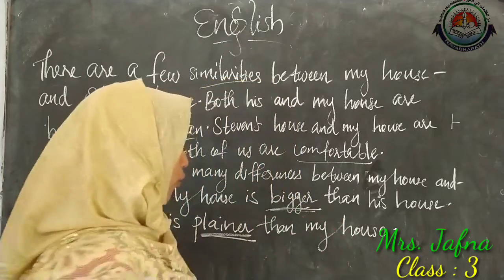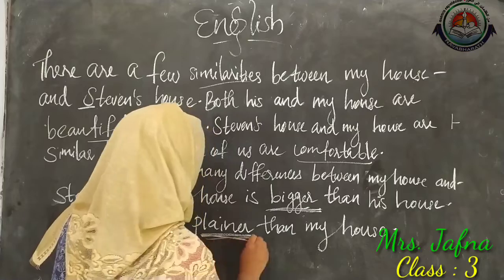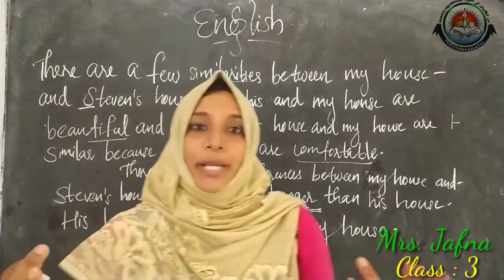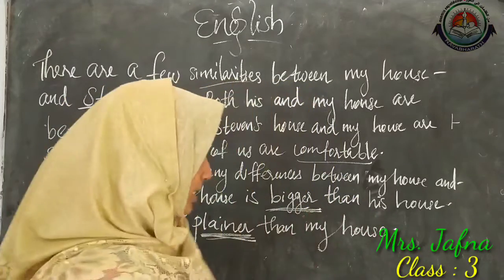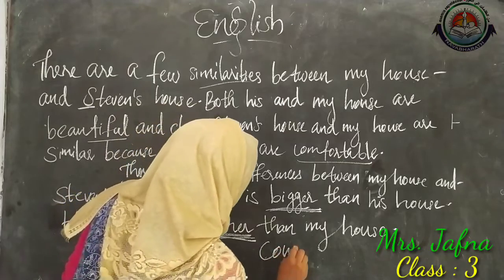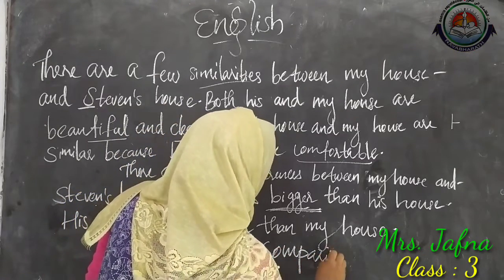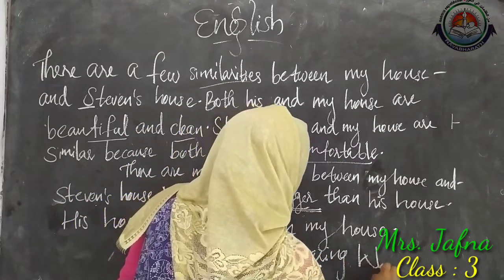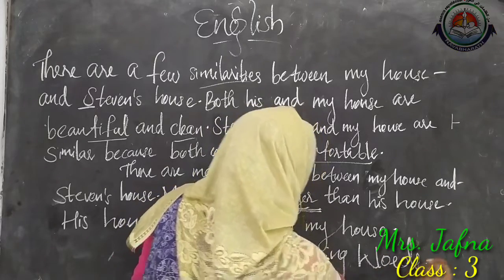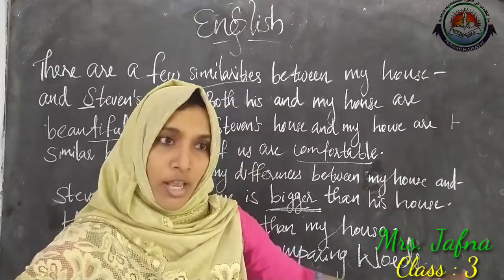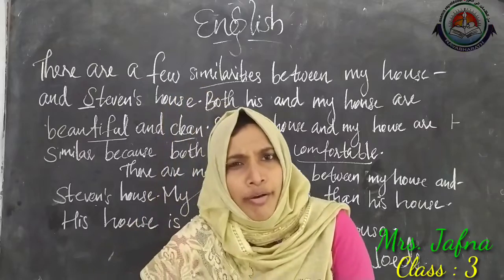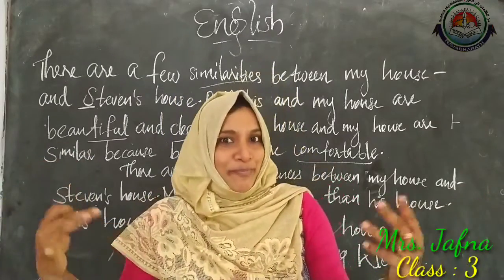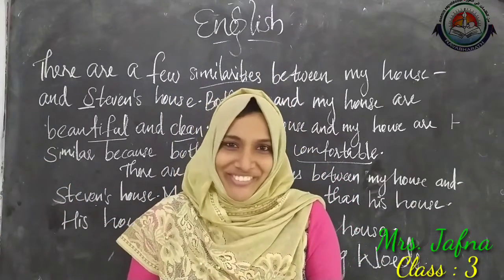Okay, so we can call all these words comparing words. What is it? It is comparing words. These are called comparing words to show the differences. Bigger, smaller, taller, more beautiful. Not beautifuler, right?